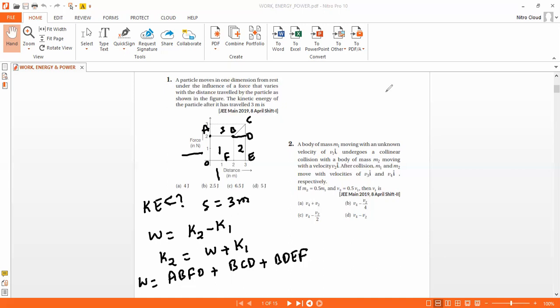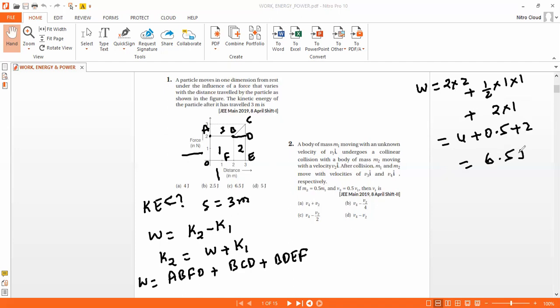ABFO is in the shape of a rectangle, so I can write it as 2 into 2, plus triangle BCD, half into base 1 and height 1, plus BDEF, that is 2 times 1. So it is 4 plus 0.5 plus 2, that is nothing but 6.5.